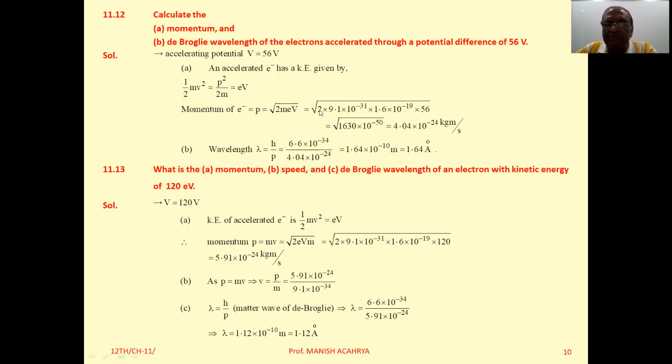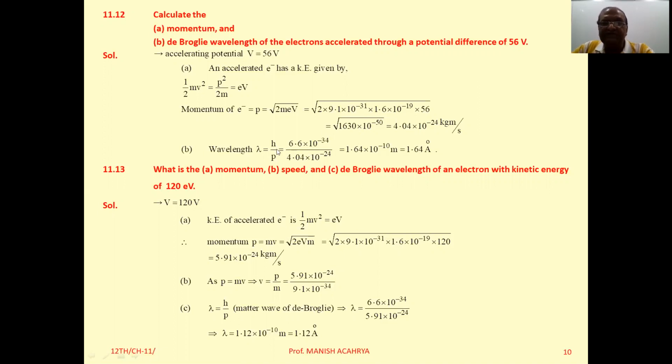Substitute the values. 2 into m, mass of electron 9.1 into 10 raised to minus 31, into e 1.6 into 10 raised to minus 19, into V, that is 56. Solve it, you will get the momentum. Now once we get momentum, then the de Broglie wavelength lambda is h by p.